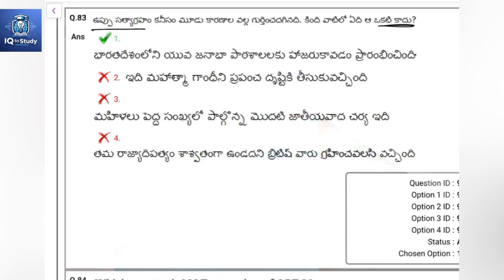It brought Mahatma Gandhi to the world's attention. It is true. A nationalist movement in which a large number of women participated. It is true. The British had to realize that their monarchy would not last forever. It is true. So the correct answer is option 1. The young population in India beginning to attend school does not come under the notable reasons of Salt Satyagraha.